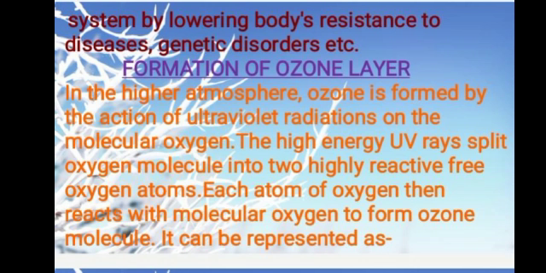But at higher levels in the atmosphere, ultraviolet radiations split these oxygen molecules into 2 highly reactive free oxygen atoms. Each atom of oxygen then reacts with molecular oxygen to form an ozone molecule.